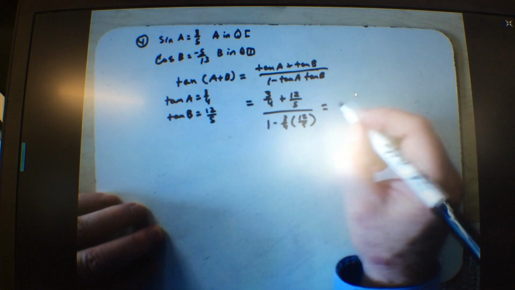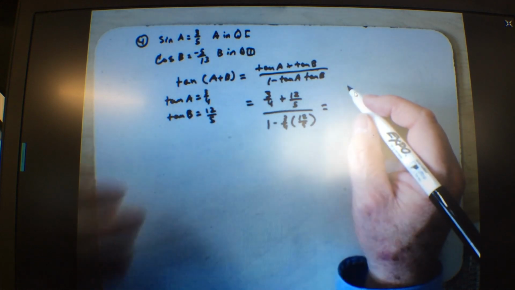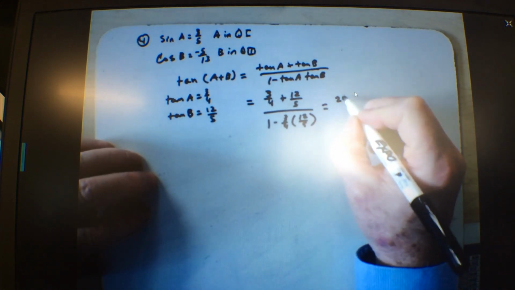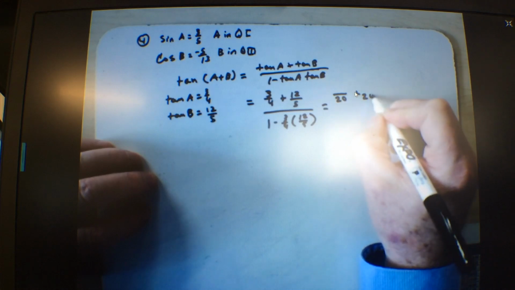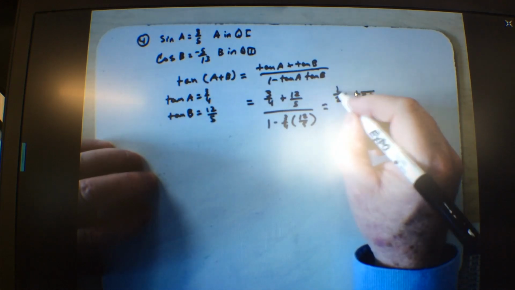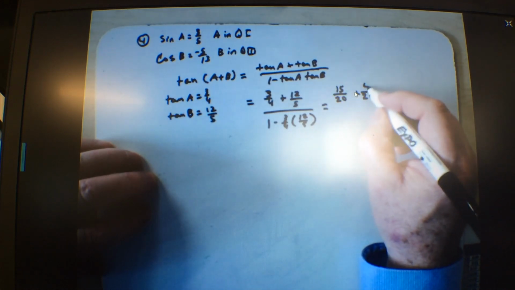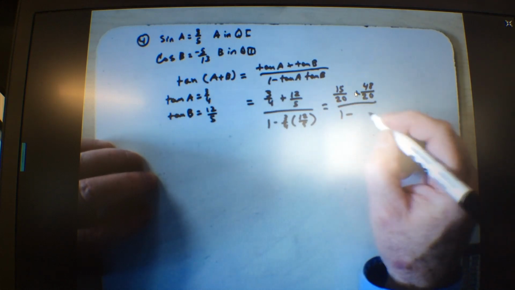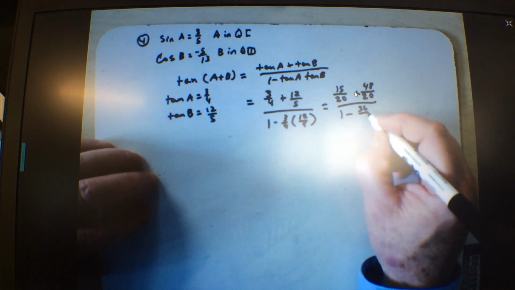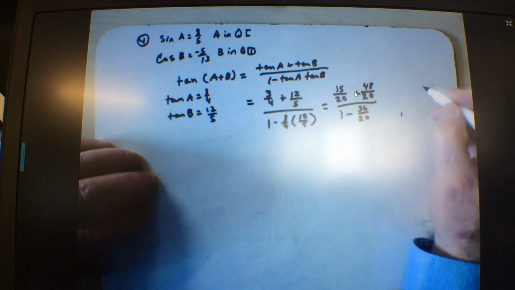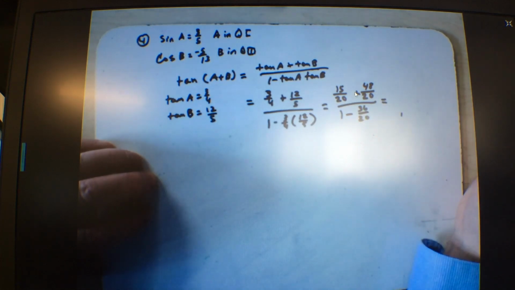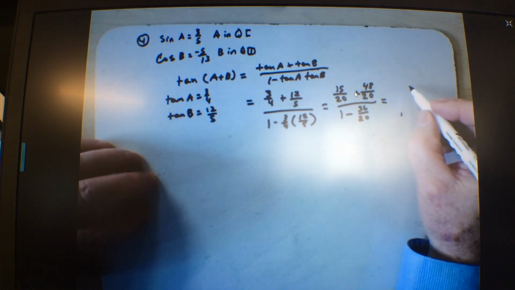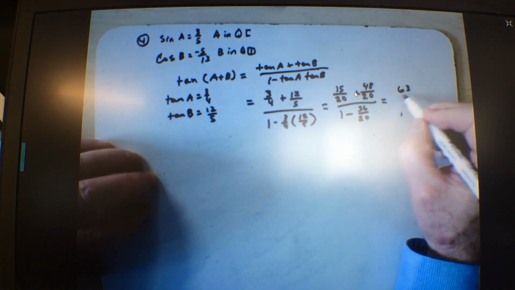So on the top, if we get a common denominator, I believe it's 20, right? So the first one would be 15, and the second one would be 48? Is that correct? Yes. And on the bottom, we get 1 minus 36 over 20, correct? If I add the top, I get 63 over 20.